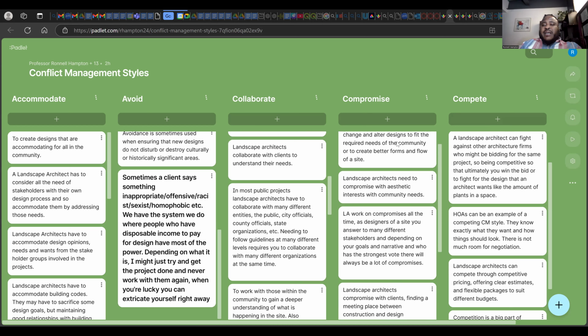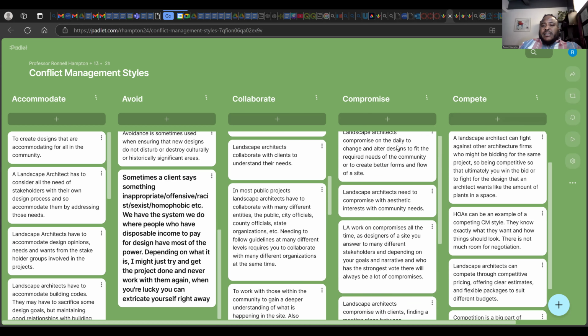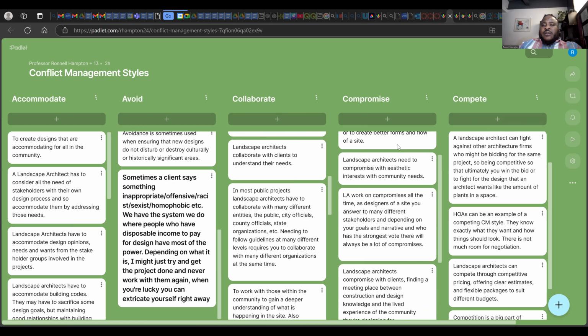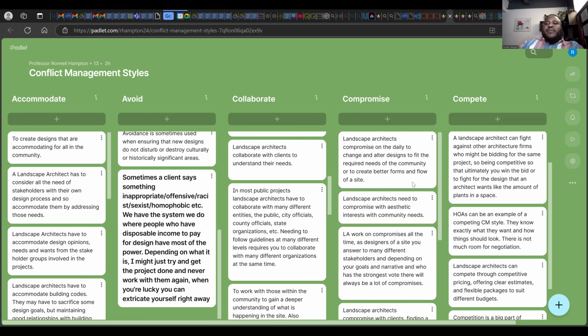Let's go to the compromising fox. Do we have some compromising foxes in the building? Who wants to share for compromising fox, either your entry or one that stands out to you?